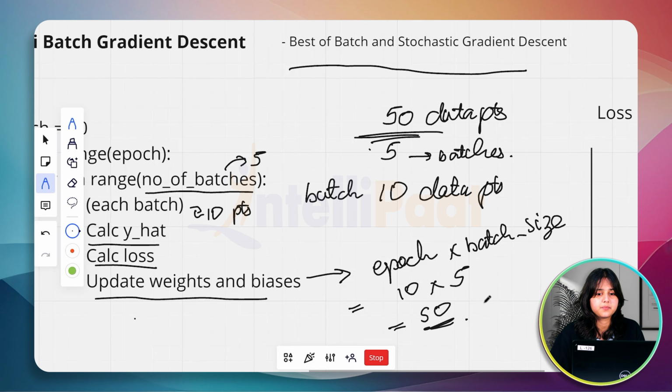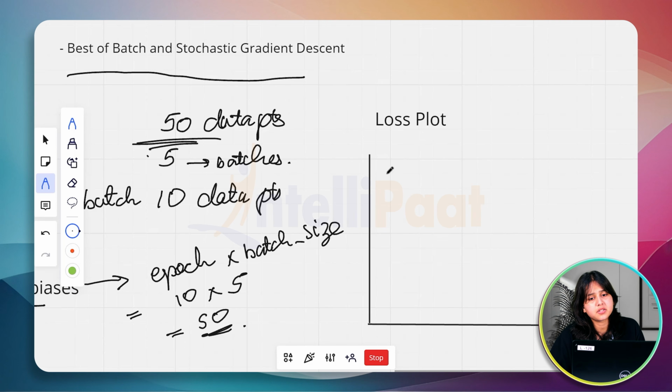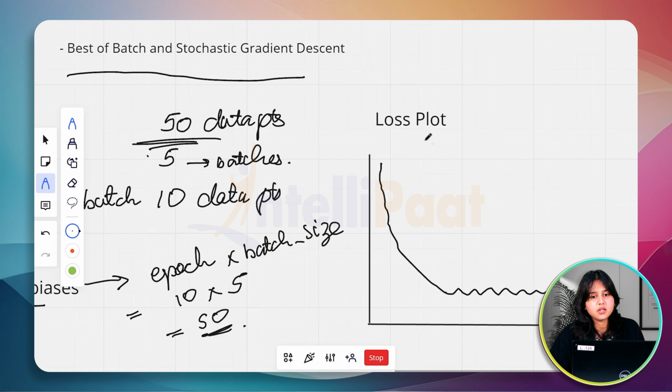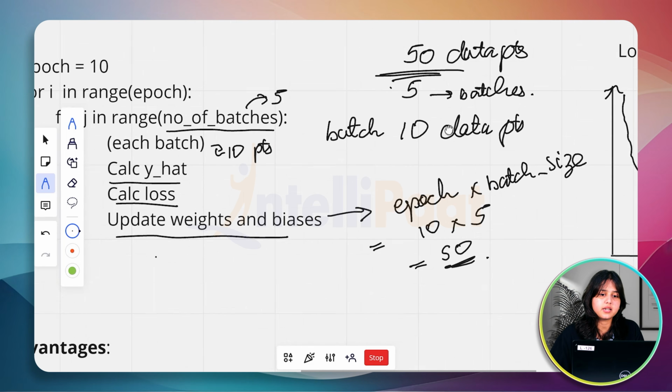The loss plot for mini batch gradient descent would be similar to SGD, but it would be lesser spiky, right? So this is why it is better than SGD.